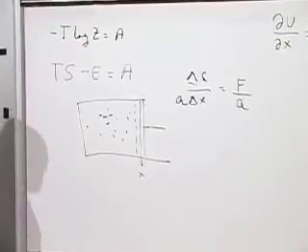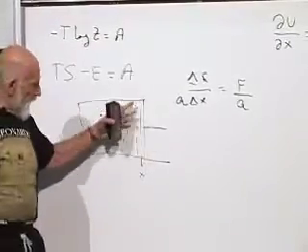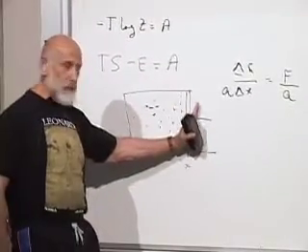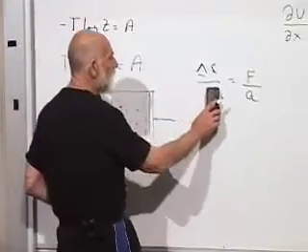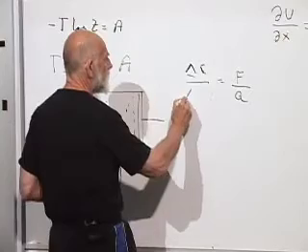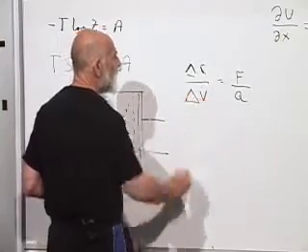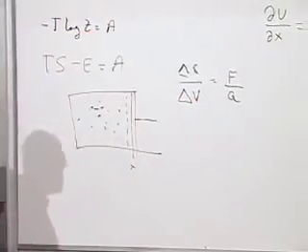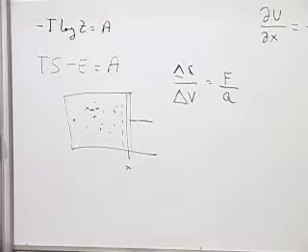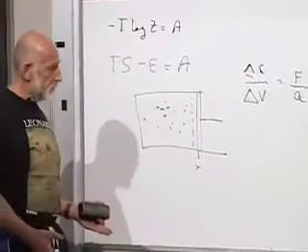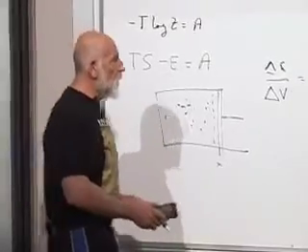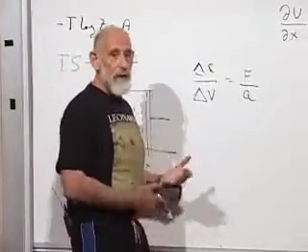That's the change in volume. All right? The area of the piston times the change in position of the piston is the change in volume. So we could write that the change in energy divided by the volume is the force divided by the area. What's the force divided by the area? The pressure.